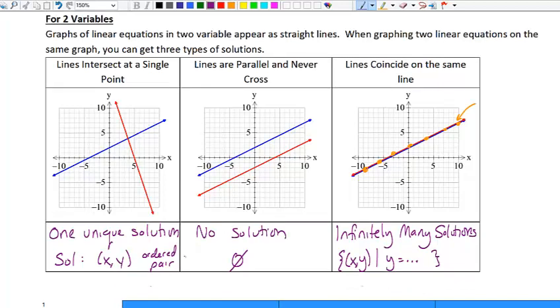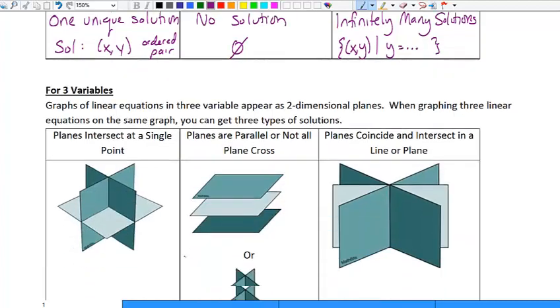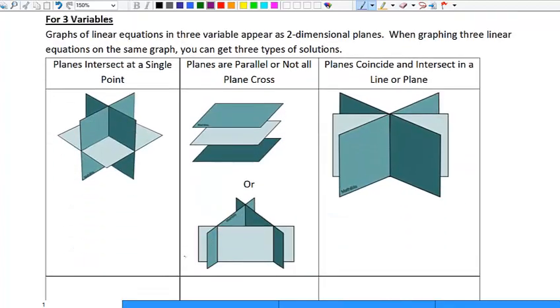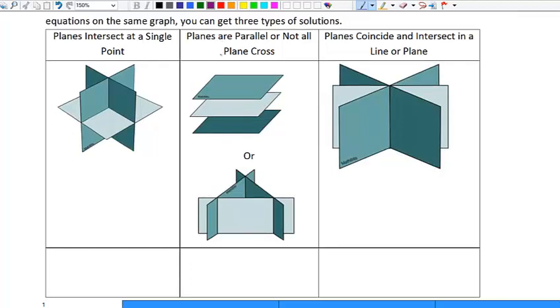So let's look at the situation for three variables. Graphs of linear equations in three variables don't appear as straight lines like they did in two. They appear as two-dimensional planes. When graphing three equations on the same graph, you can get three types of solutions. The planes can intersect at a single point.